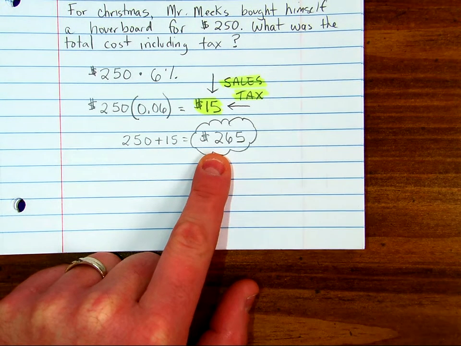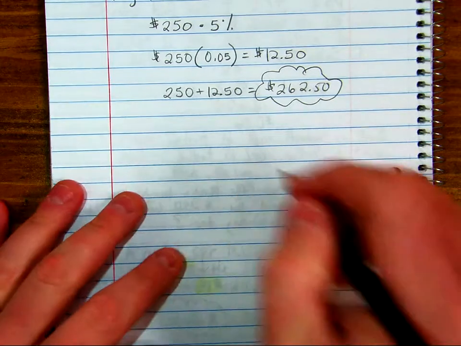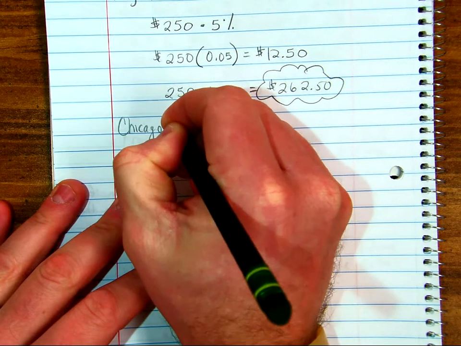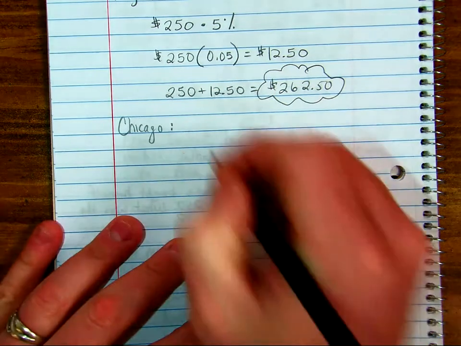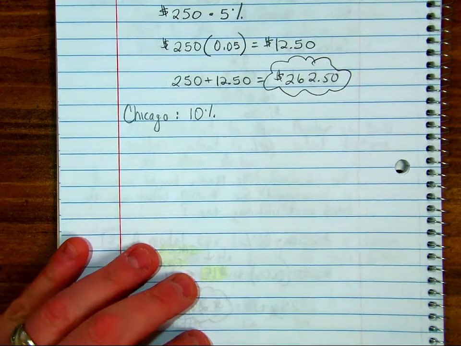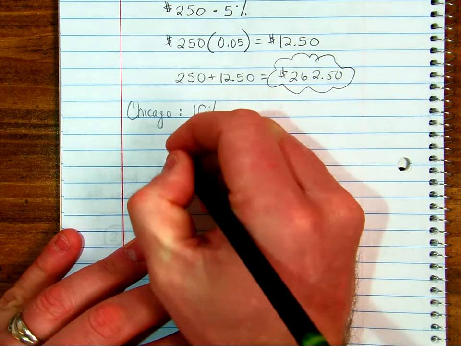Another example. A couple months ago now, I was in Chicago. True story. Their sales tax there is 10%. So let's take a look at that same hoverboard.